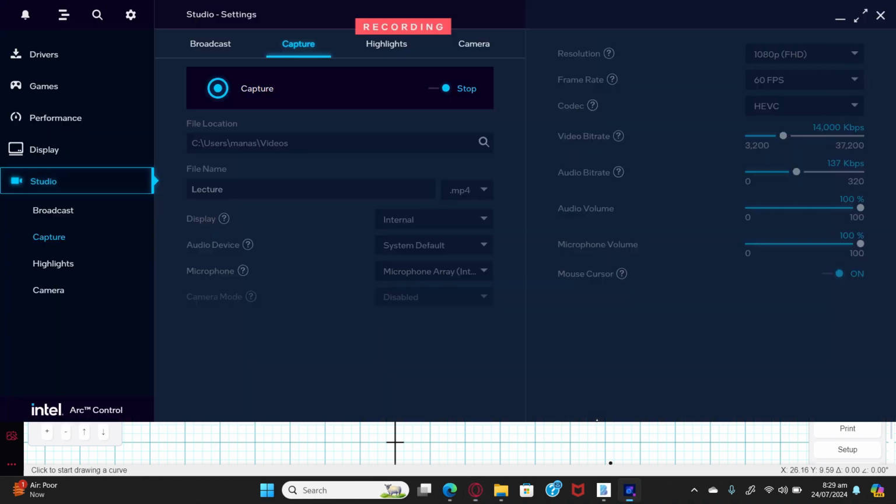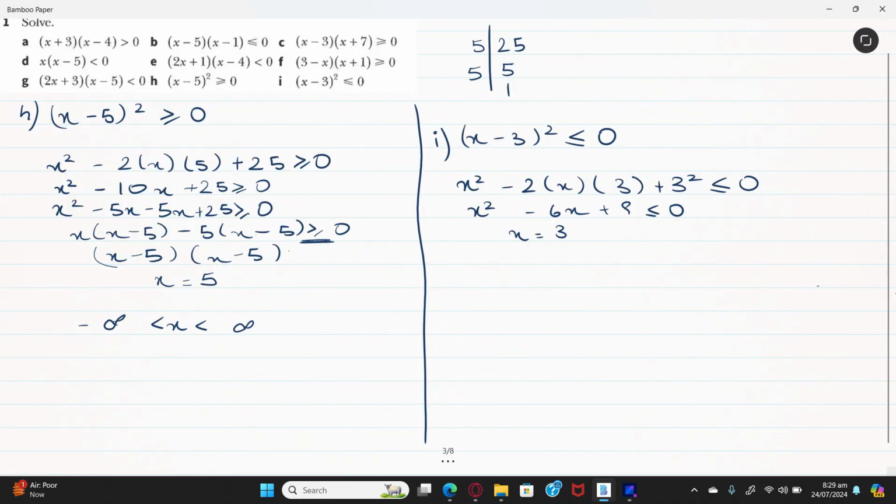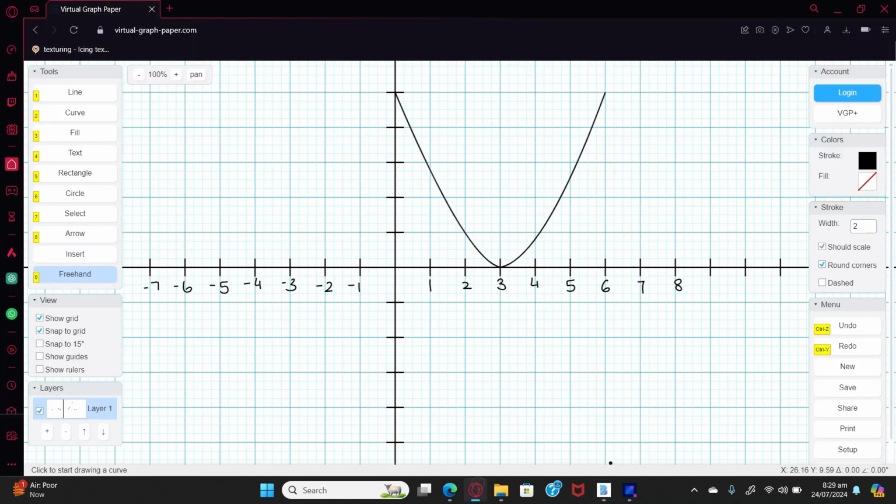And what they're basically asking us is to tell the values which are lesser than or equal to 0. If we look at the graph, there is no value which is lesser than 0. If they had only asked us for the values lesser than 0, we would have written no possible values for this graph.